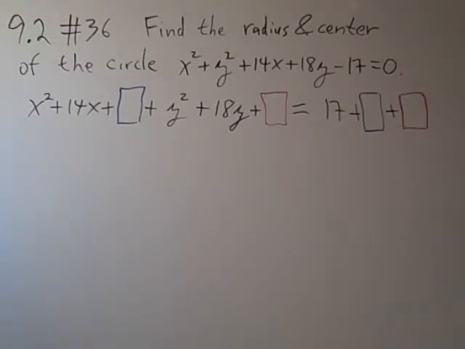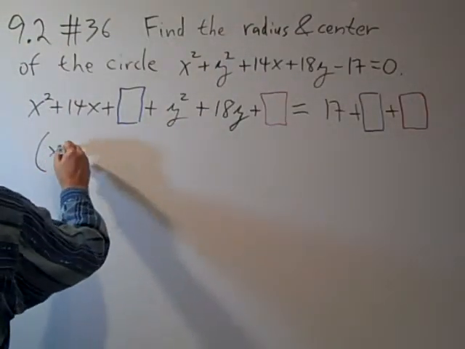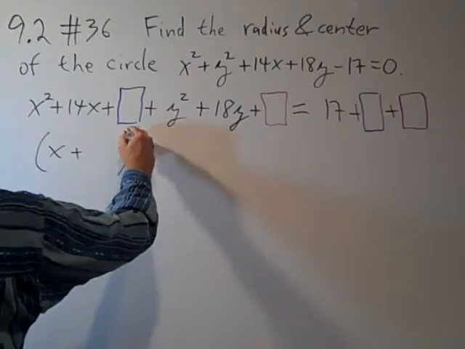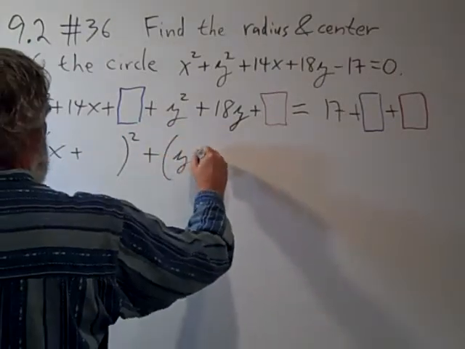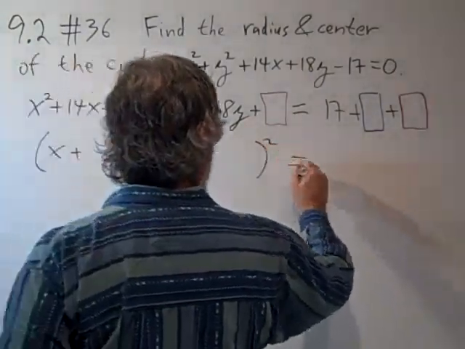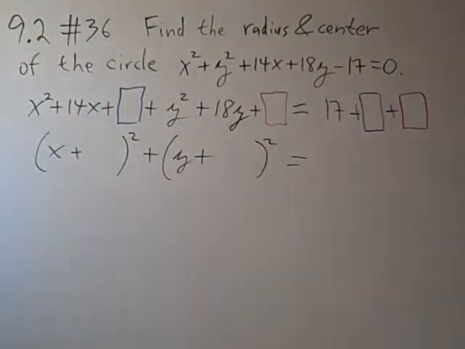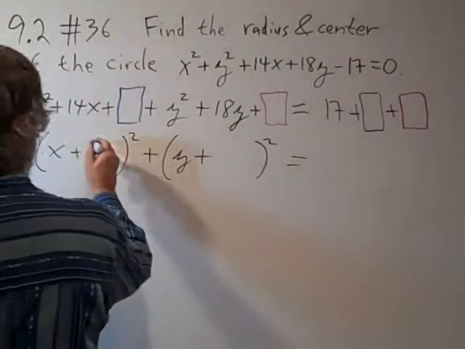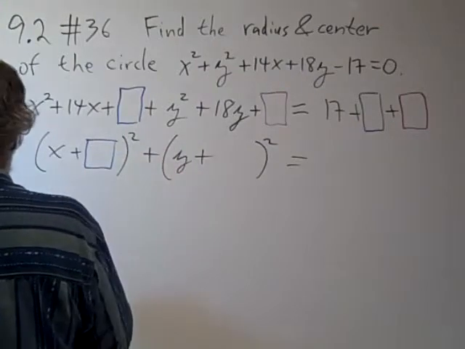So filling in those boxes, we'll be completing the square twice. On x's, we have x plus something squared, and then y plus something squared equals something. And the somethings are determined by filling in these completing the square boxes.